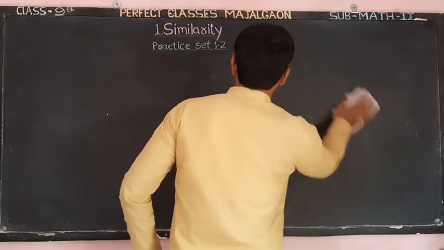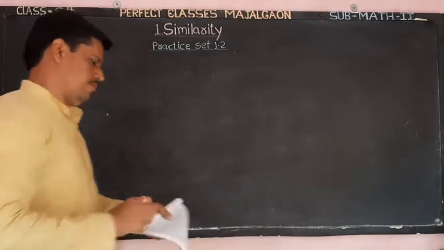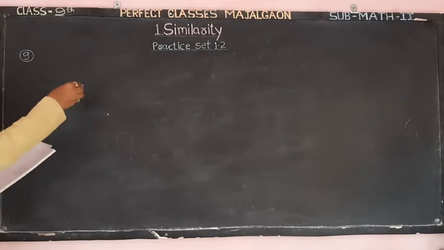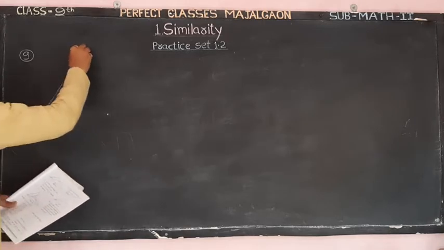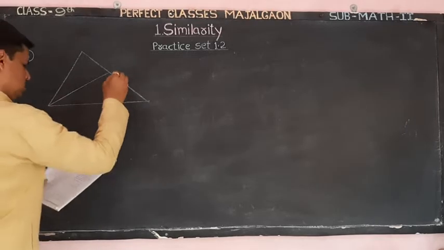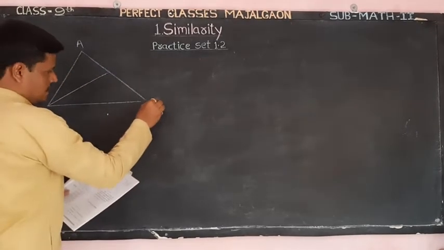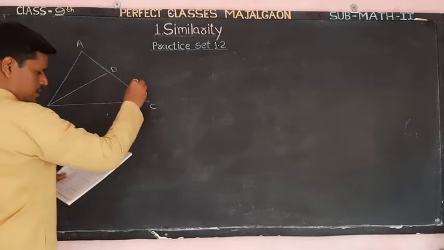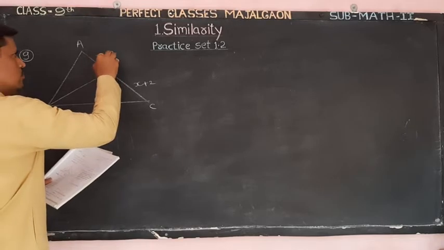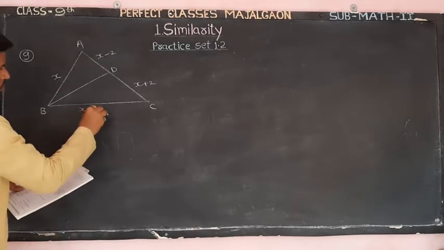There are 11 questions in practice set 1.2. Here is the figure with A, B, C, D and the lengths x plus 2, x minus 2 and x plus 5.